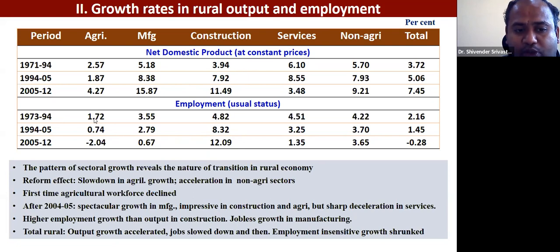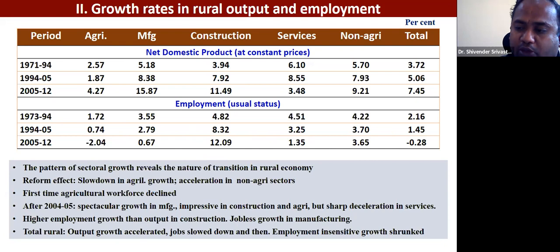Earlier it was 2% and then decelerated, and in the recent period, 2004-5 to 11-12, it decreased by about 2%. So it shows that workers are shifting from agriculture to non-farm sectors, and within the non-farm sectors, mainly they are going to the construction sector.